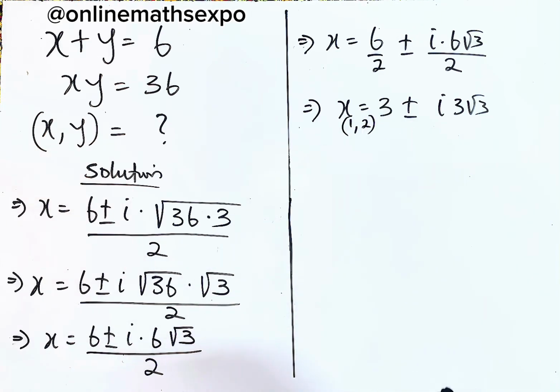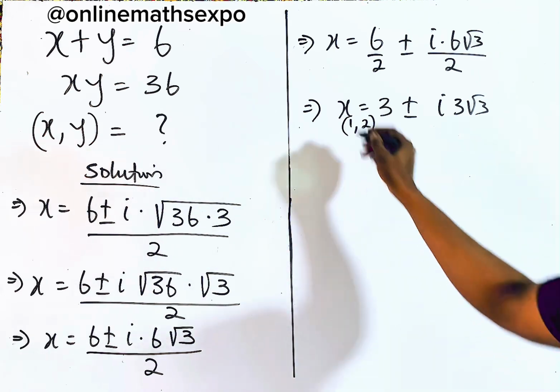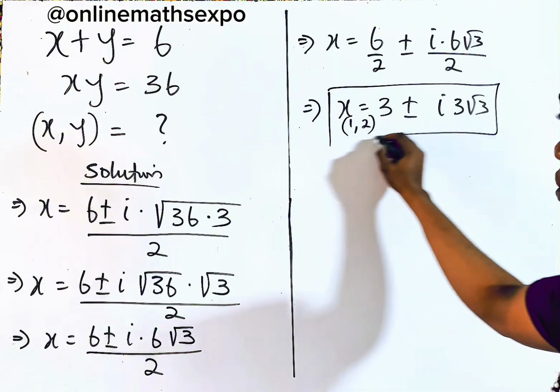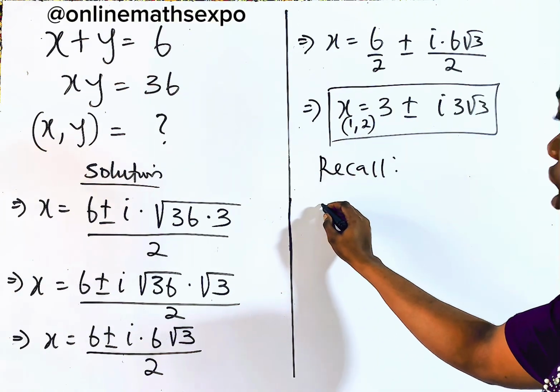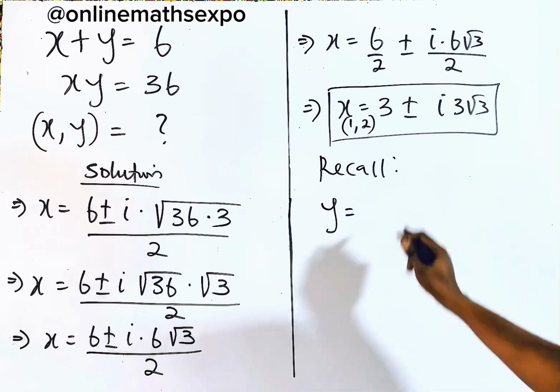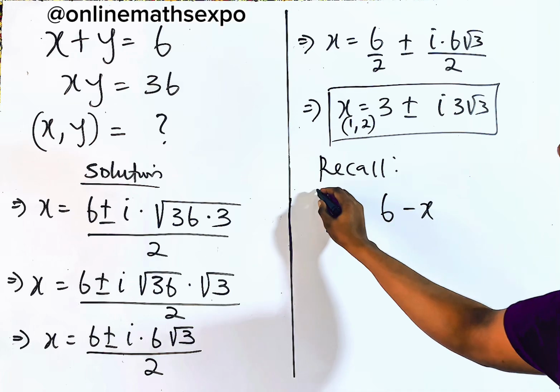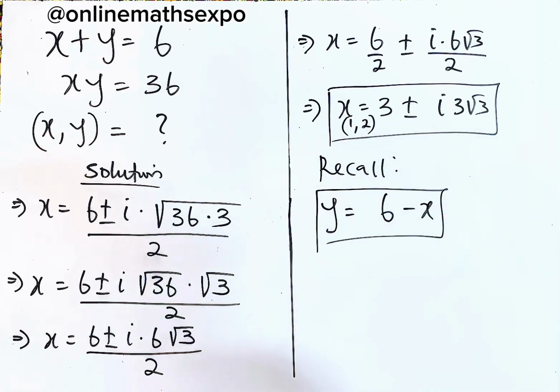But remember, we also need to get their corresponding y values. And to do that, we need to remember we made a statement. So we recall, we said that y is equal to 6 minus x. So we're going to plug each of these x into this equation.